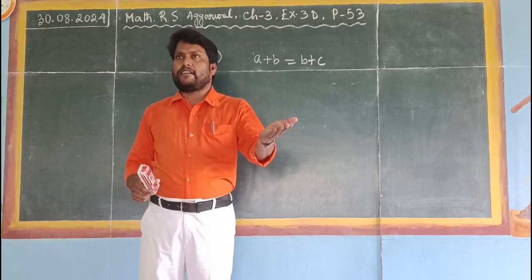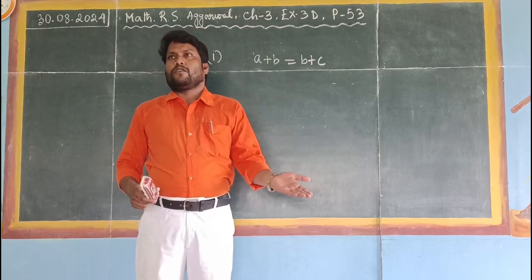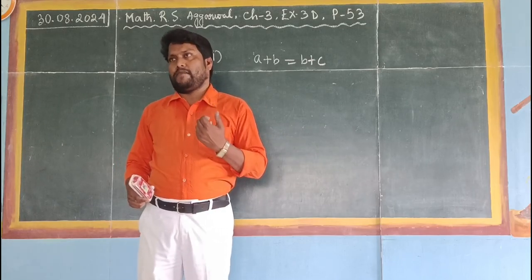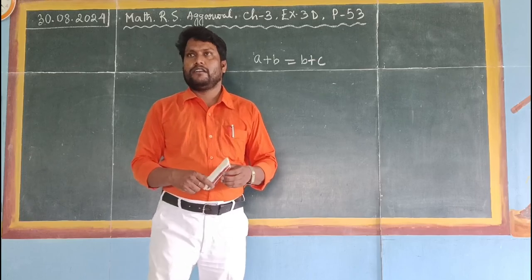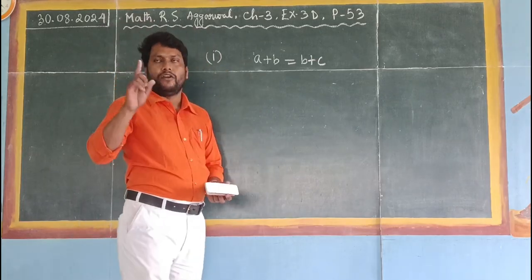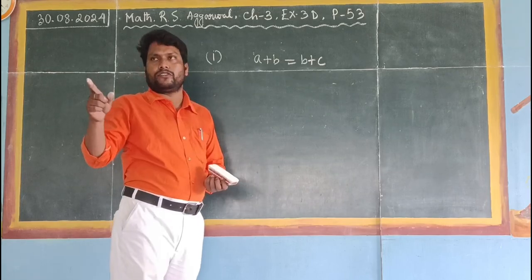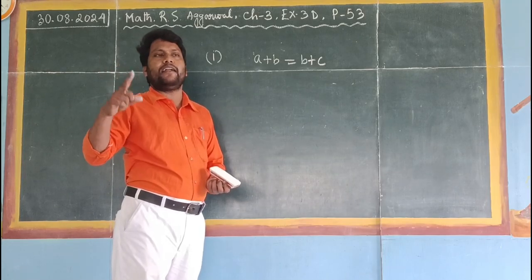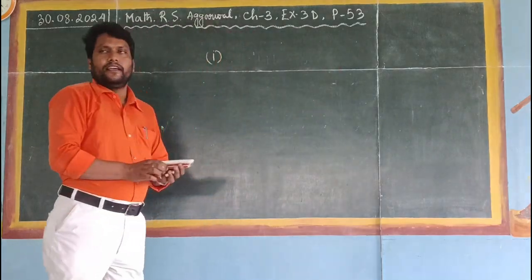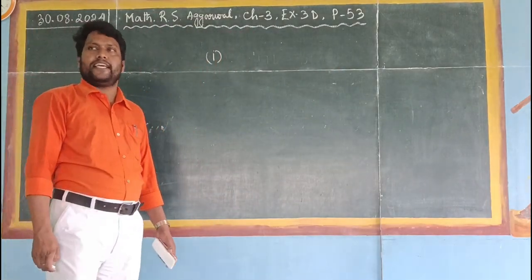When you subtract and use closure property, a negative integer will come out. So it is not fit for this operation. Only these properties are used in case of addition and multiplication. Okay, so A plus B can be written as B plus A.